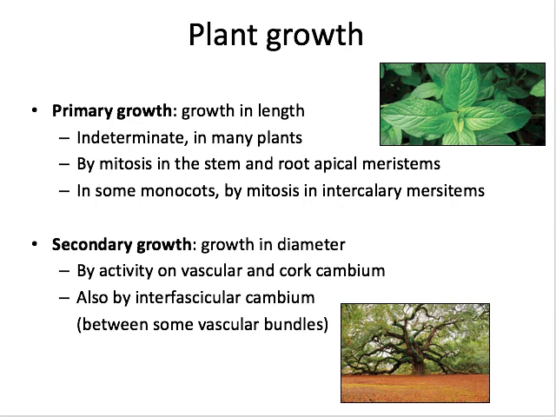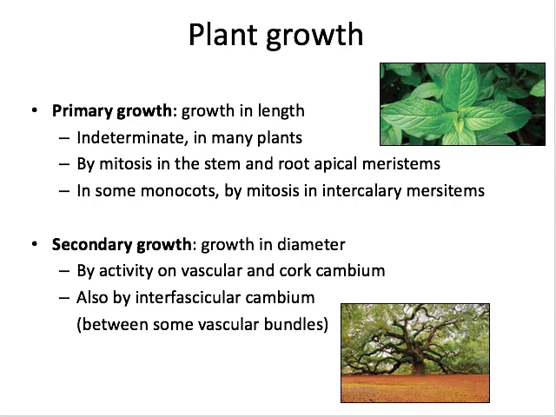In some monocots, remember from our previous lecture, we compared the monocots to the dicots, and that monocot group often has a special meristem called the intercalary meristem. Now, other plants exhibit secondary growth. So while all plants do primary, only some do secondary, and this is growth in diameter.